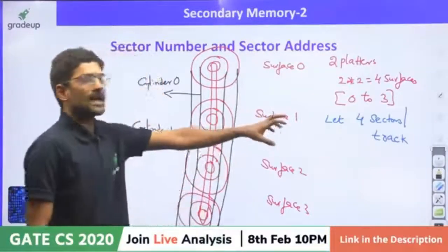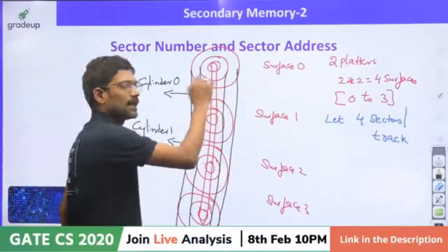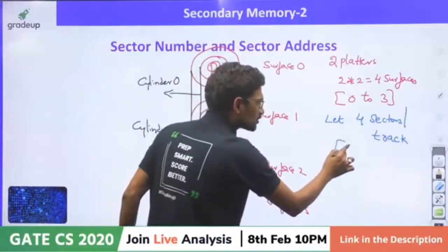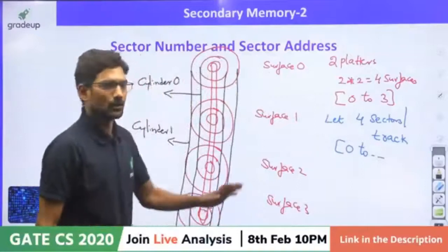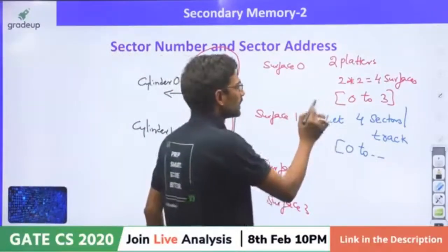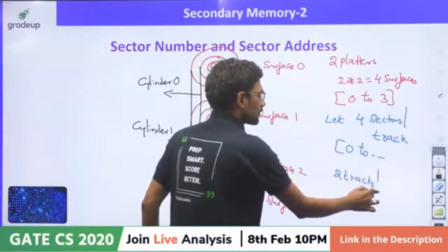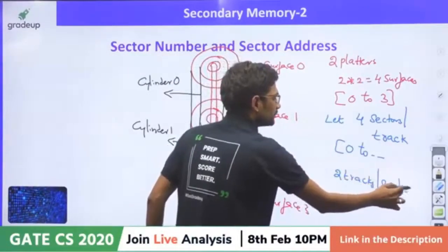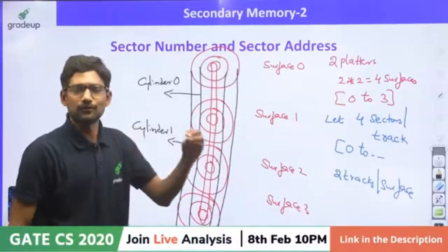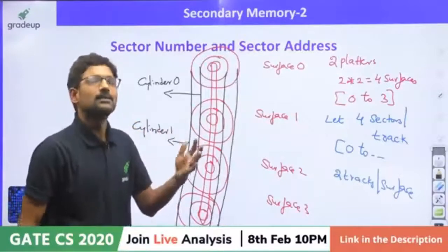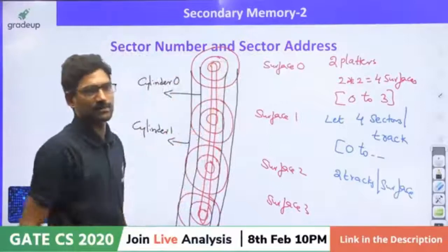Now, as we are assuming there are 4 sectors in one track, how are they numbered? These also will be numbered from 0. Let us suppose there are 2 tracks per surface. Generally there will not be just 2 tracks or 4 sectors; that number would be big. Just for simple understanding, let us suppose there are 2 tracks on every surface.